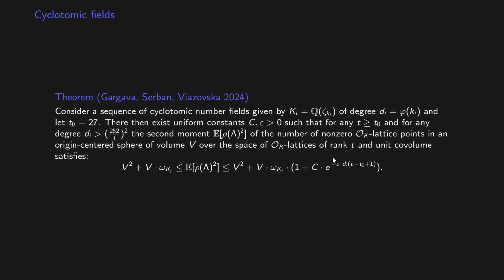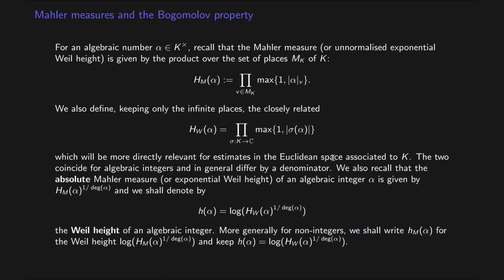And so things work for cyclotomic number fields, but then the question is, what are the other nice number fields for which such a result would be possible? And of course, we proved that we will be able to do this not only for the second moment, but also for higher moments, modulo some more technical conditions.